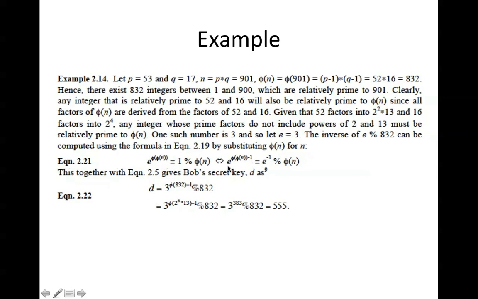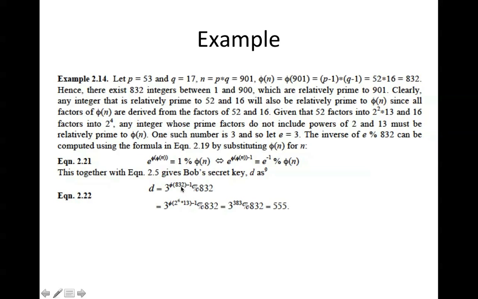You know the totient of N, and you compute the totient of N. That means all the numbers that will be relatively prime to 832 between 1 and 831, just like we computed the totient of N the other way. And we just go to work with this. We write D is equal to 3 raised to the totient of 832.